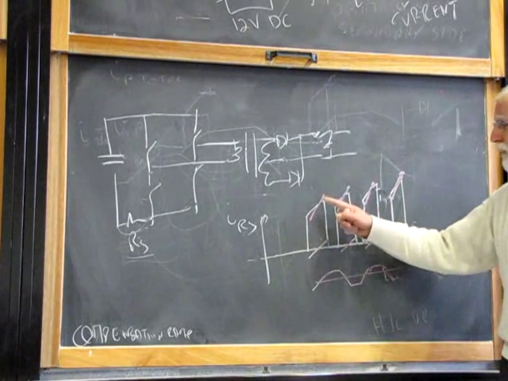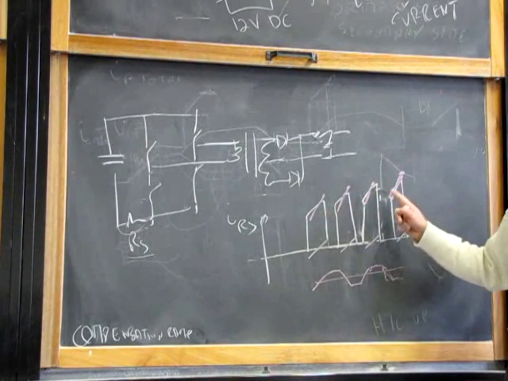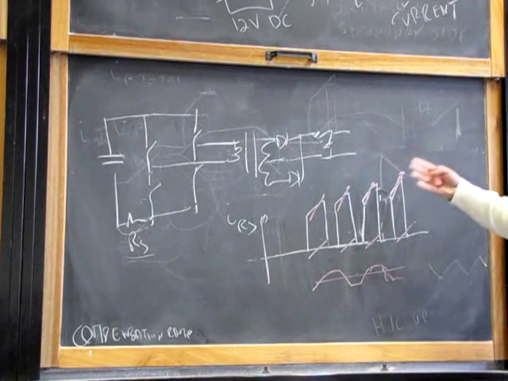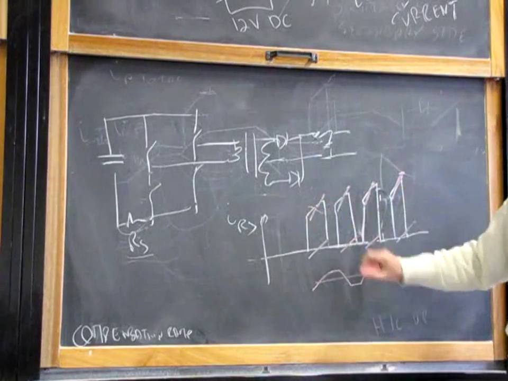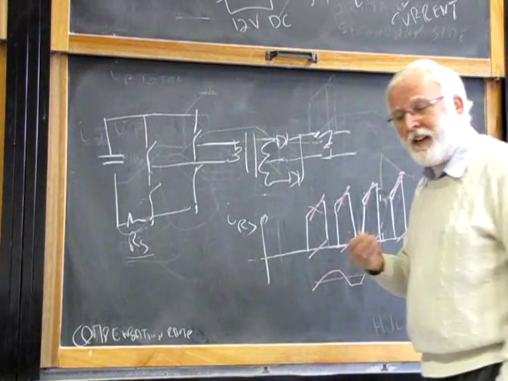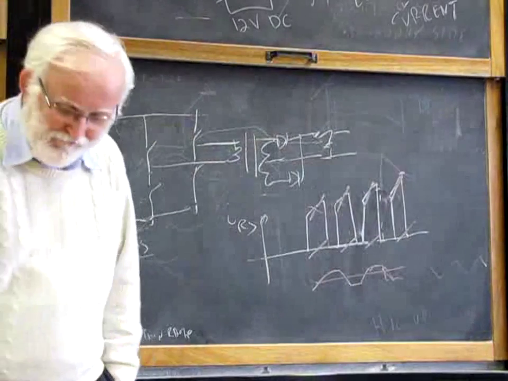This ramp is not enough to compensate the system. You have anyway to add a compensation ramp, but the magnetizing current helps. So even if you reject it, it gives you a help. It's not going in the opposite direction. If it was going in the opposite direction, it would just subtract, and you design a system to be stable, you discover it's not stable. But this is helping your stability.